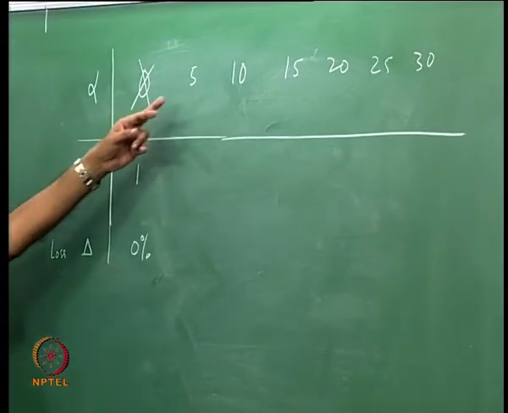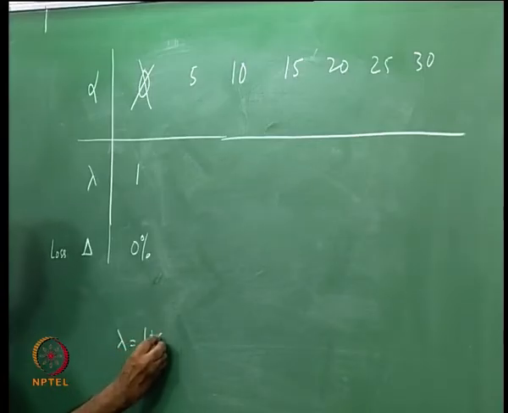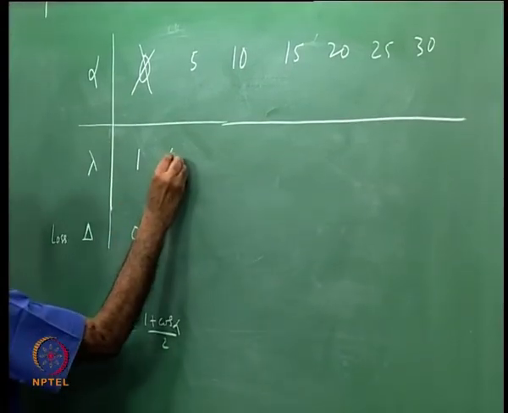When I have the value of alpha equal to 5, the value of lambda, we said, is 1 plus cos alpha by 2. Cos alpha is around 0.99 something, and the value of lambda comes out to be 0.998.